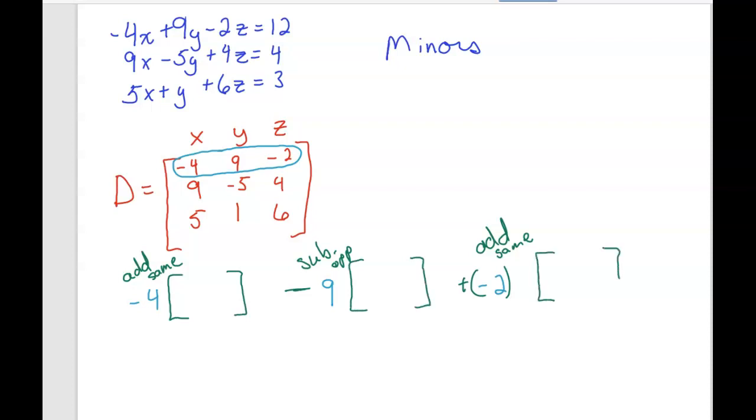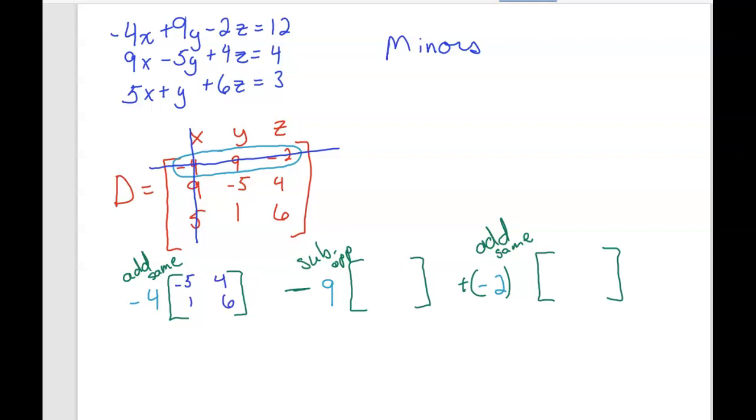When I create those 2x2 matrices, I'm going to look at the numbers sitting out front. I am going to look at the 4 here, and I'm going to mark out its column and its row. And I'm going to look at what numbers are left. I put the leftover numbers inside this matrix, and that is what gets created as my minor matrix.